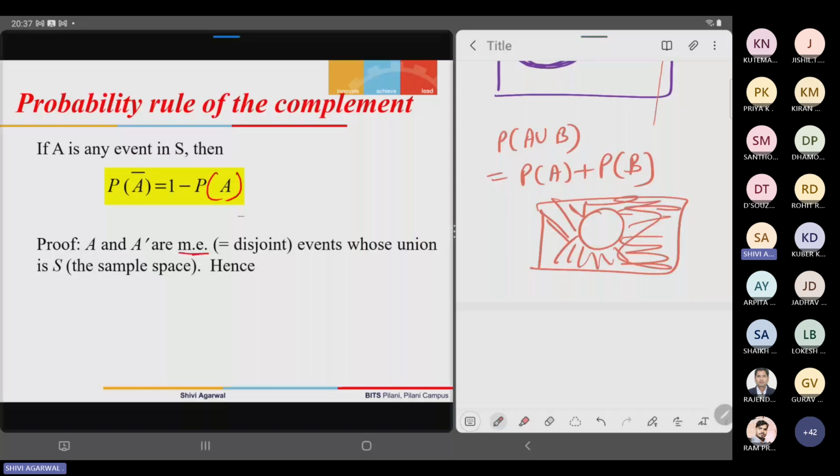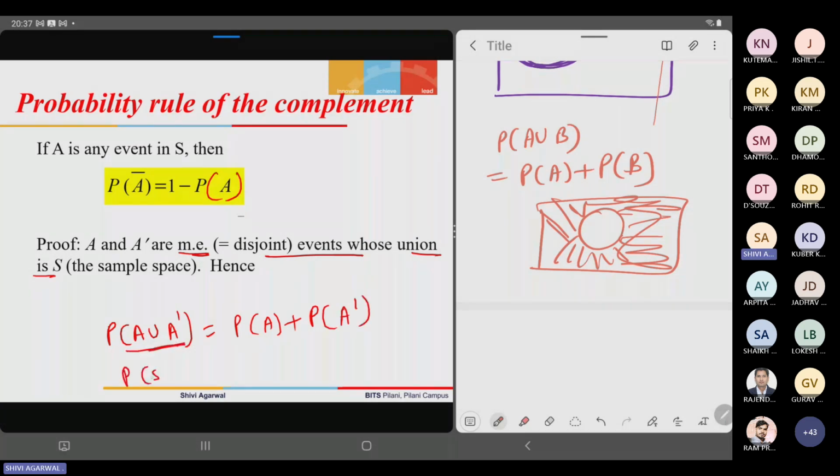So they are mutually exclusive events whose union is S. So probability of A union A complement is what? Probability of A plus probability of A complement. This is what? Sample space. The probability of S is equal to probability of A plus probability of A complement. Probability of S is what? 1. So probability of A complement is equal to 1 minus probability of A.